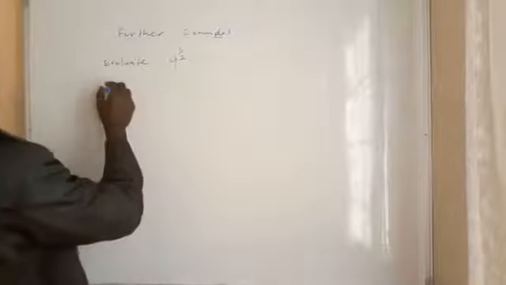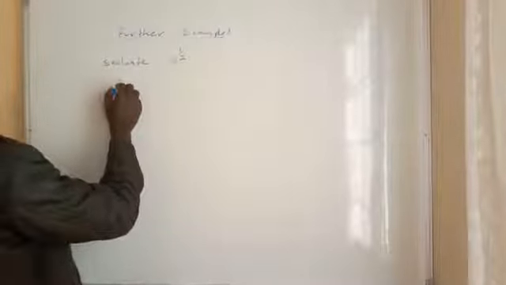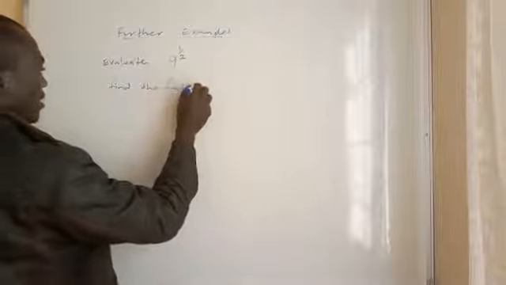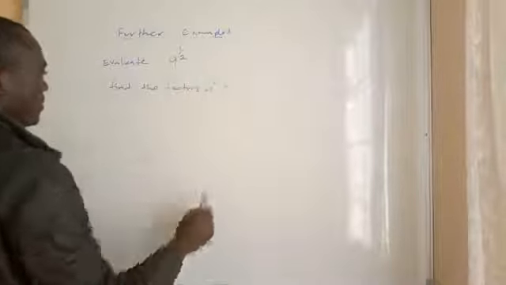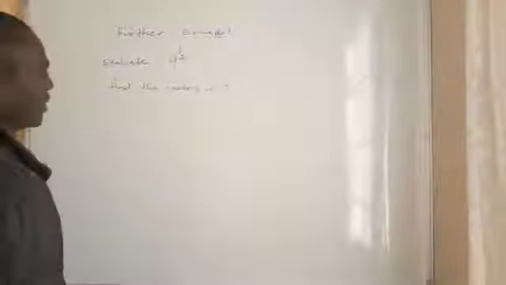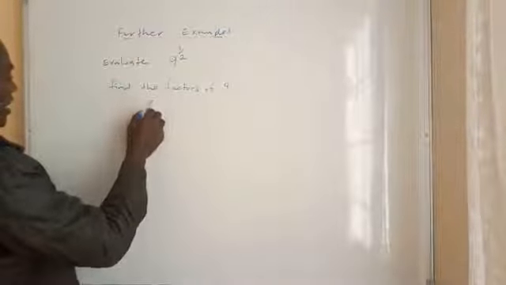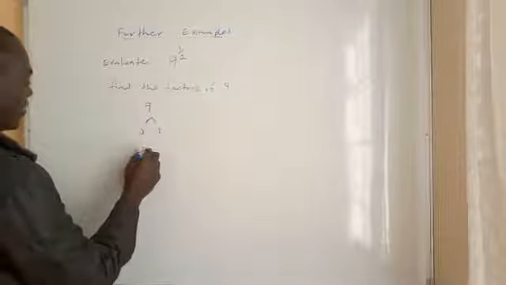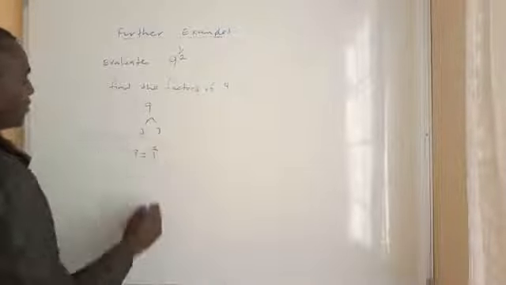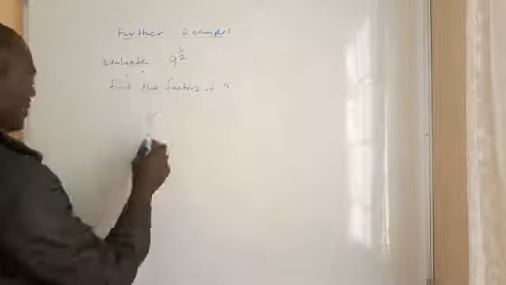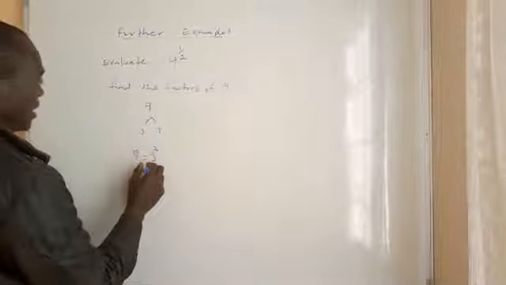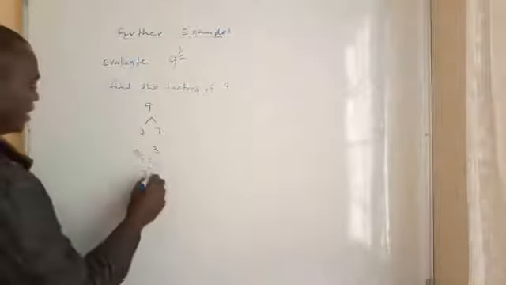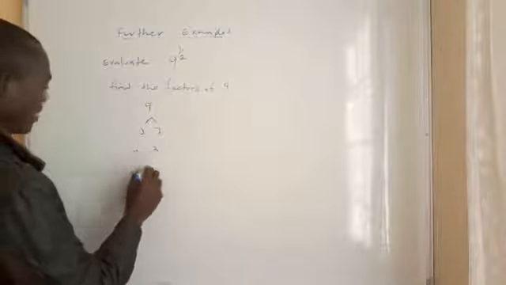The first thing to do is find the factors of 9. Use the factor method. The factors of 9 are 3 power 2. So 9 is the same as 3 power 2, raised to power a half.